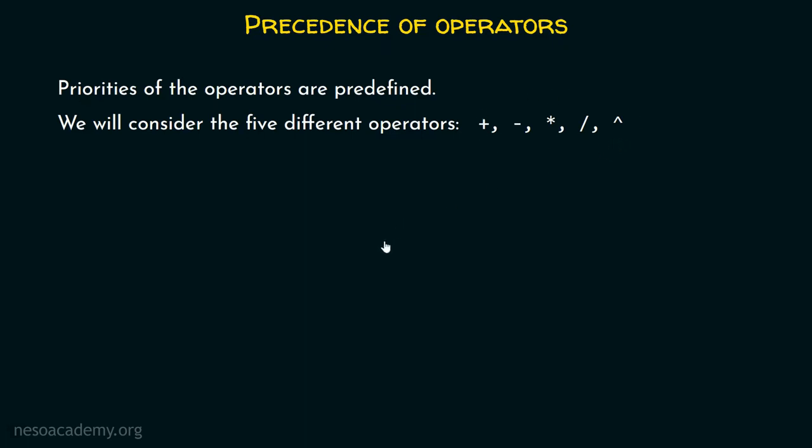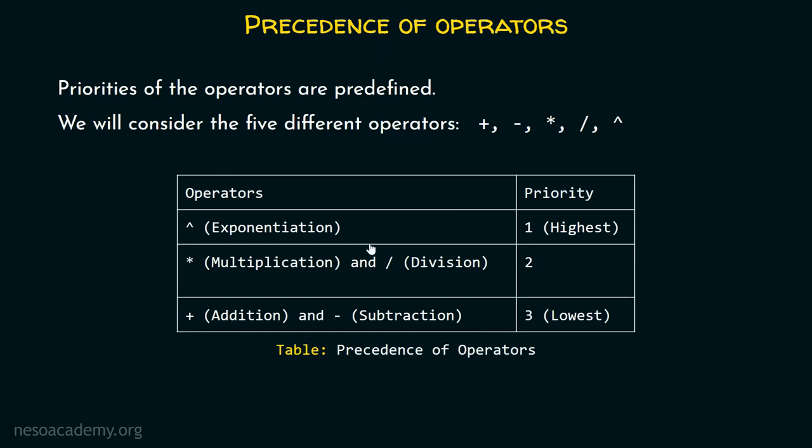Now here is the precedence table, which summarizes the precedence of operators. You can see that exponentiation has the highest priority. Priority 1 is given to exponentiation, priority 2 is given to multiplication and division, and priority 3 is given to addition and subtraction. The lower the number, the higher the priority.